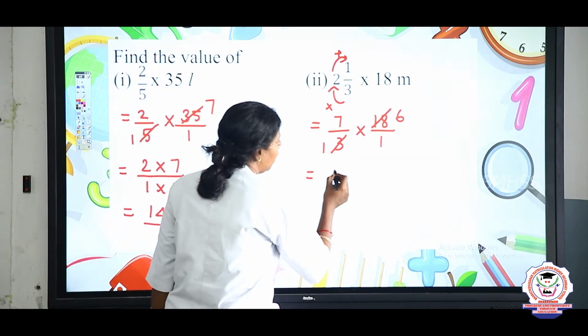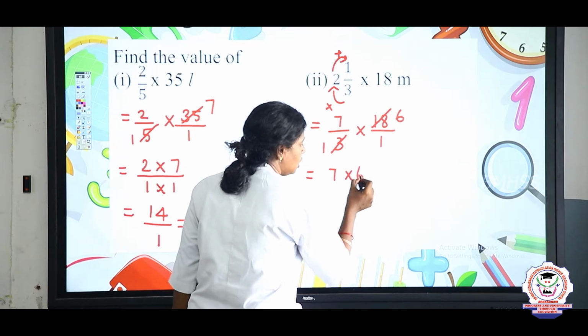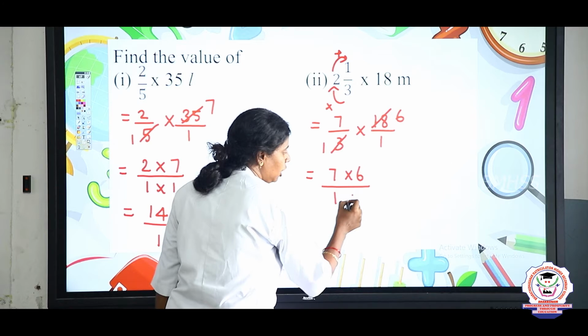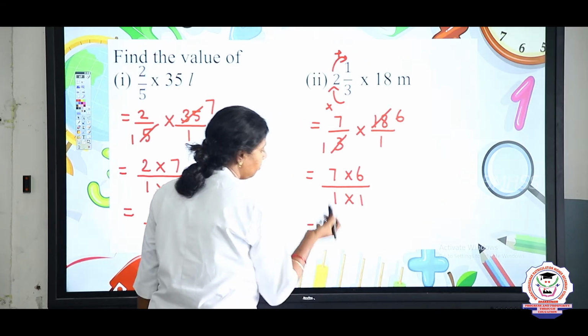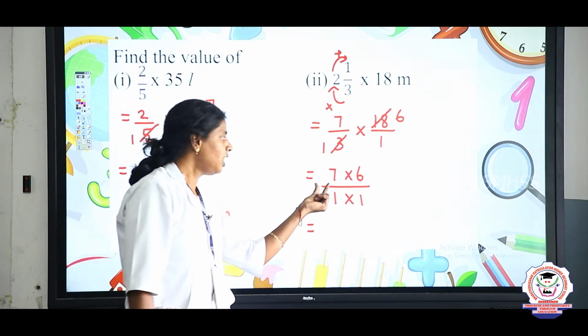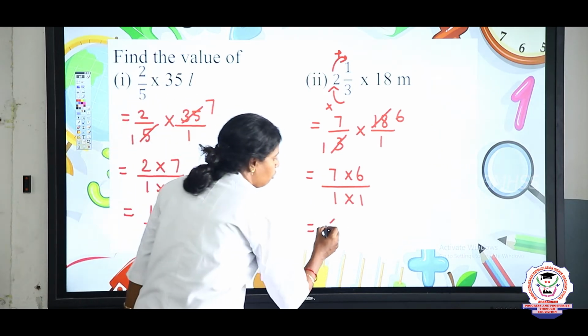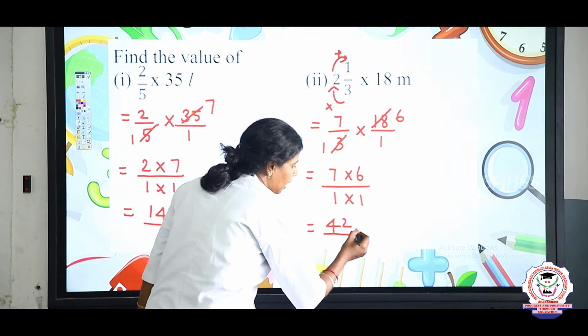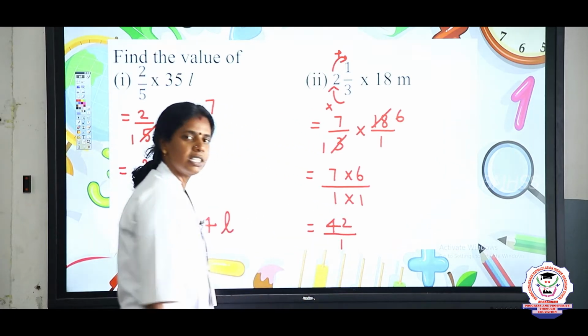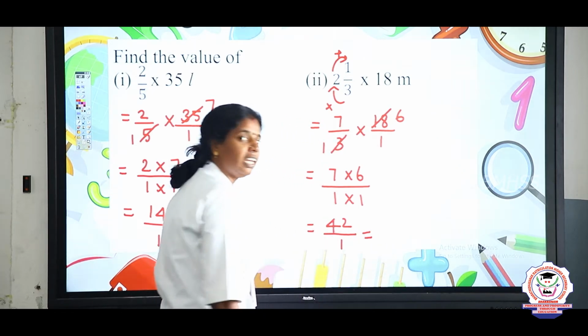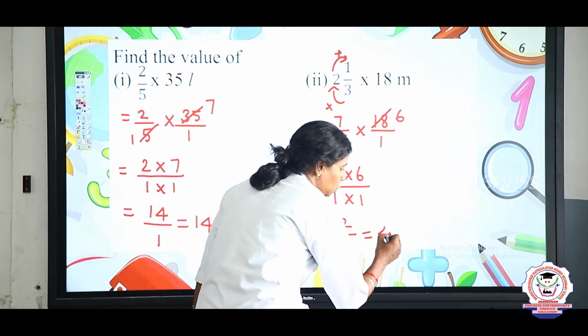Now, just write the answer: 7 into 6 in the numerator by 1 into 1 in the denominator. Multiply 7 into 6. What are 7 sixes? 7 sixes are 42. Very good. By 1 into 1, 1 ones are 1. So, the answer 42 by 1 we can express as 42.